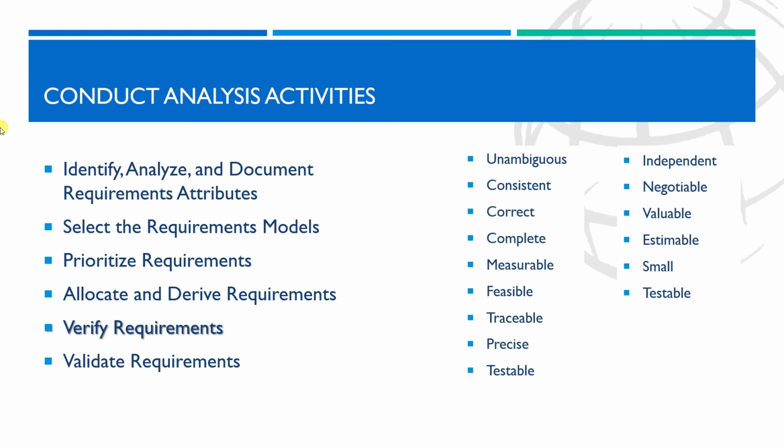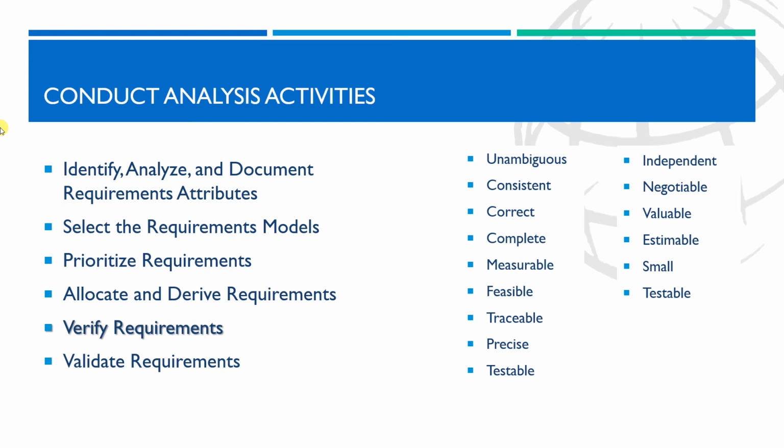Requirements verification involves conducting peer reviews and inspections to detect errors and identify inconsistencies in the requirements in order to meet quality standards. A successful verification process requires that specific quality characteristics are known and adhered to. These characteristics serve as a set of guidelines when reviewing requirements to ensure they are of high quality.